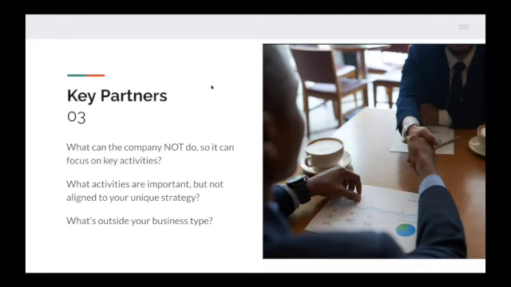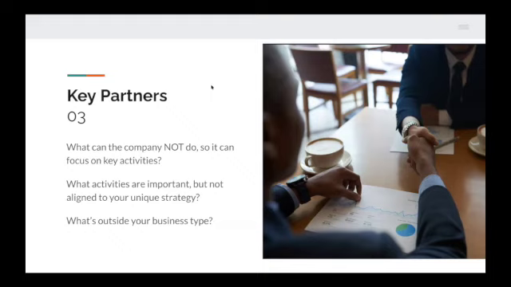A very typical one, let's go back to the restaurant example. A key partner for a restaurant would be a food supplier, a wine supplier, or commercial real estate that gives you a really ideal location to serve your customer segment.